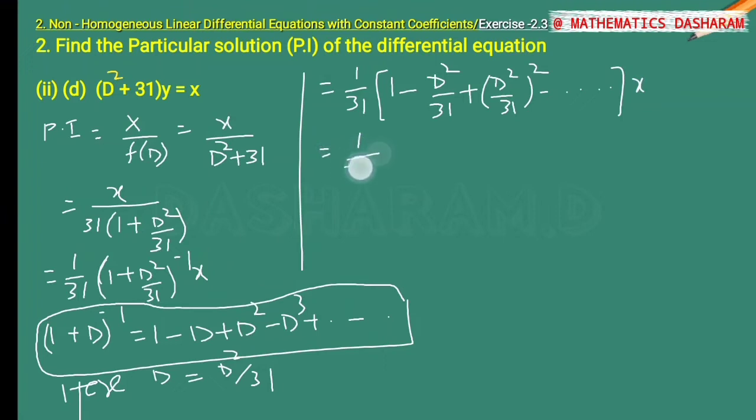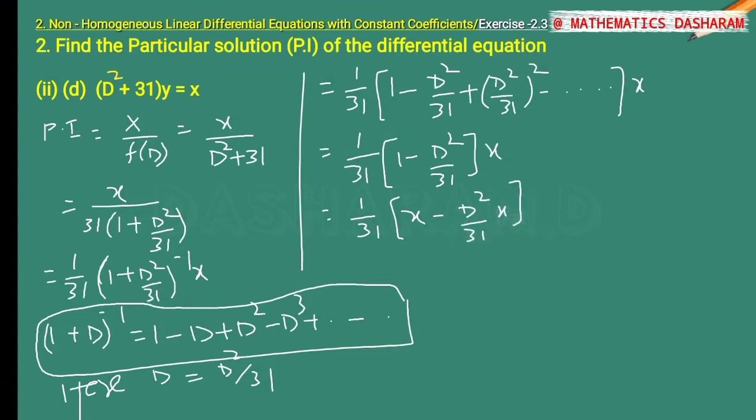Here we can ignore the highest derivatives, so only 1 minus D square by 31 into x. So 1 by 31 x multiplied inside and D square by 31 into x. So 1 by 31 into x minus, here derivative 2 times derivative of x is definitely 0. So only x by 31 is the answer.